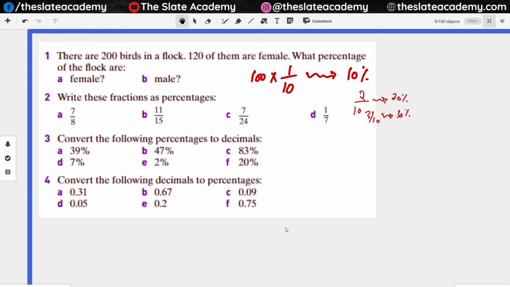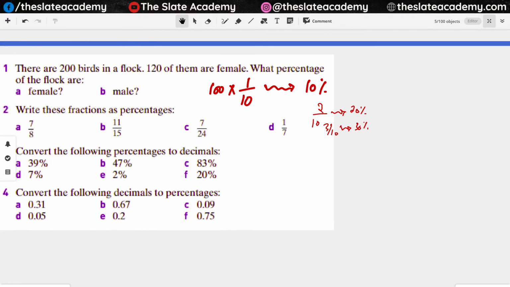We have a fraction, we multiply it with 100, we get the answer in terms of percentage. These sort of conversions are simple enough. Hopefully with practice you'd be able to do this just verbally. We have to know both how to convert a fraction into a percentage and how to convert a decimal amount into a percentage.